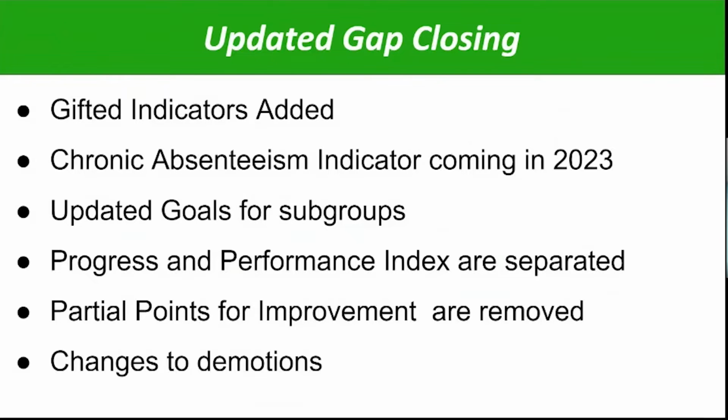The third thing is updated goals for our subgroups. So with our old ESSA plan, we had goals for each of our subgroups. They were set out and they gradually increased every year. With the pandemic, we kind of did a reset here, and we have a new baseline of last year to determine our goals going forward for each year.